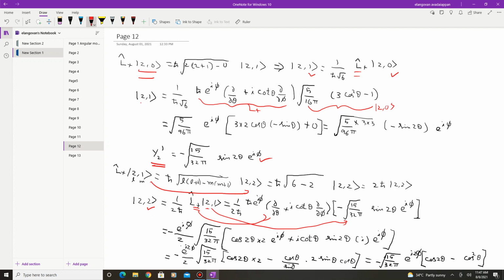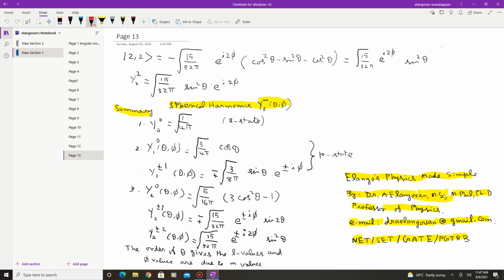minus the square root of 15 by 32 pi e power i 2 phi cos 2 theta minus cos square theta. The same procedure you have to repeat again and again. So to get 2, 2 is equal to minus square root of 15 by 32 pi e power i 2 phi cos square theta minus sin square theta minus cos square theta.